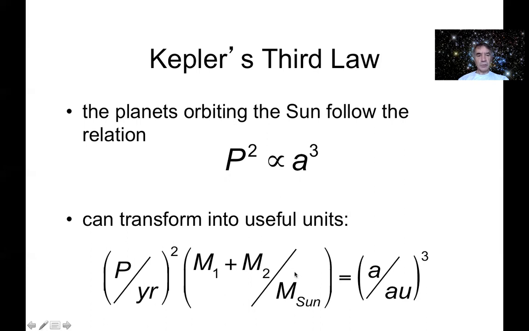Again, it's not core to this module, but sometimes it's useful as a sanity check. So obviously, if you have the period in years, masses in solar masses, and a in AU, then it actually works as an equation. But normally, you'd be using the form with the constants, 4 pi squared over G, in it.